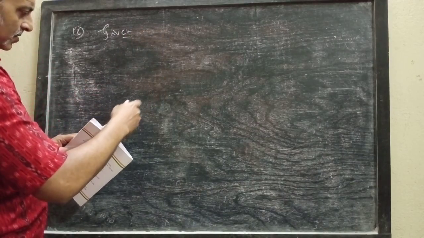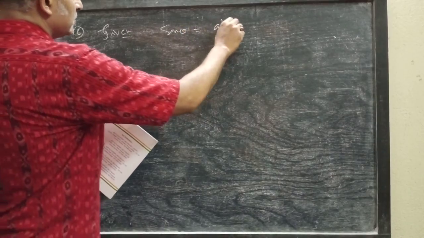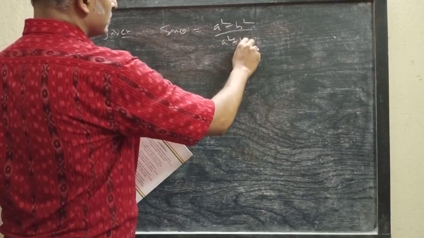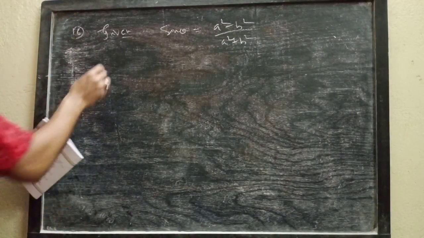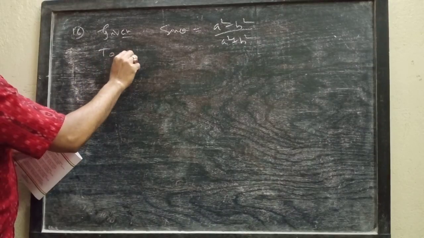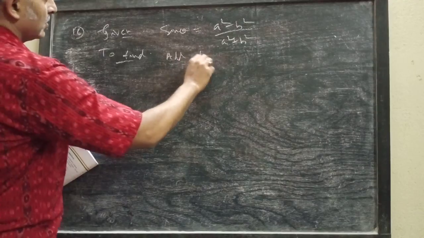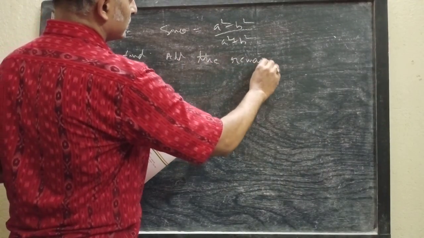Given sin theta is (a square minus b square) by (a square plus b square), and you are asked to find all the remaining 5 ratios.